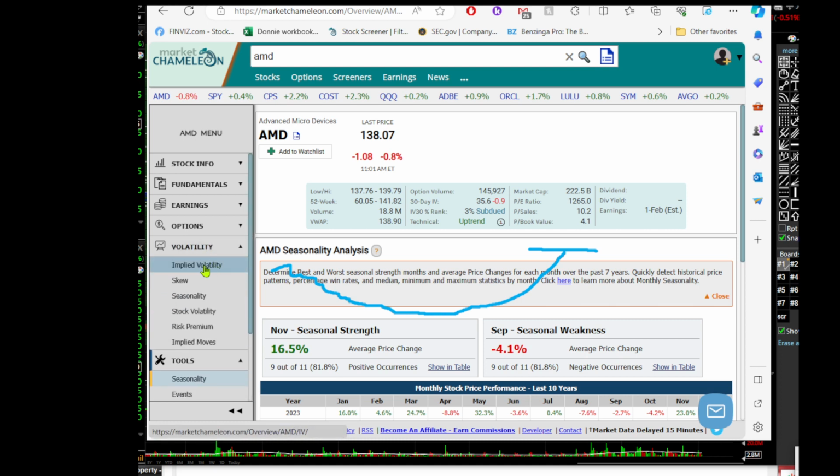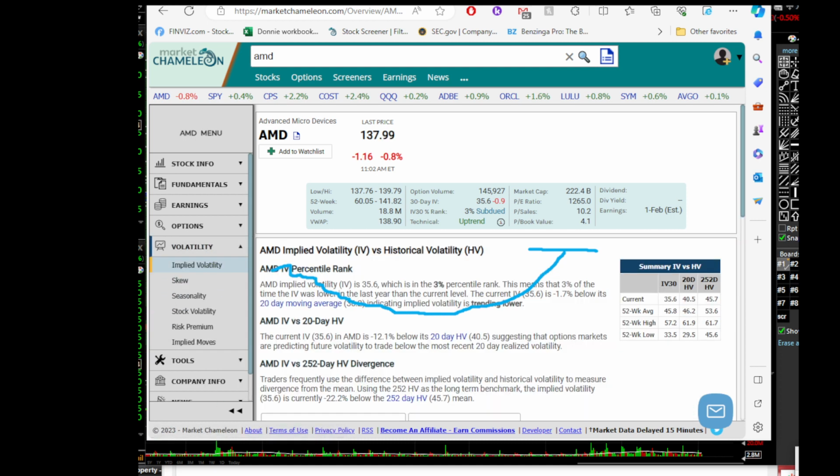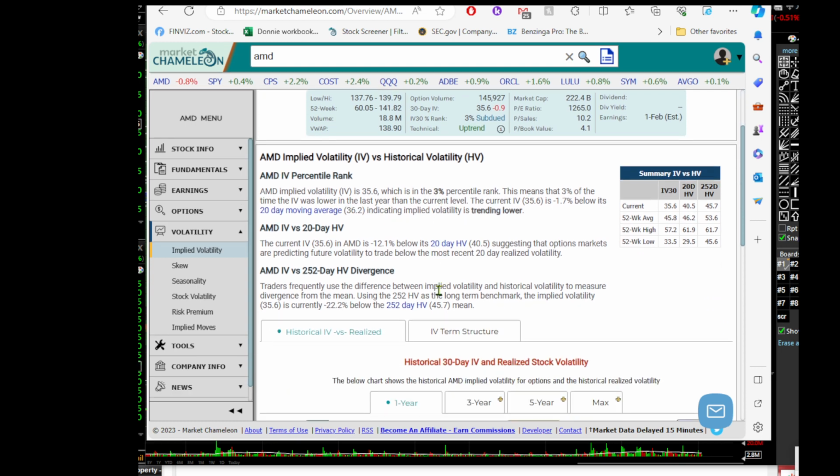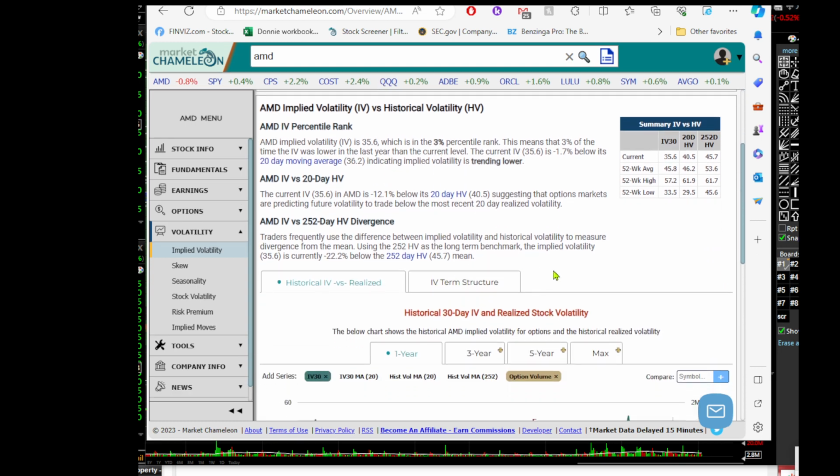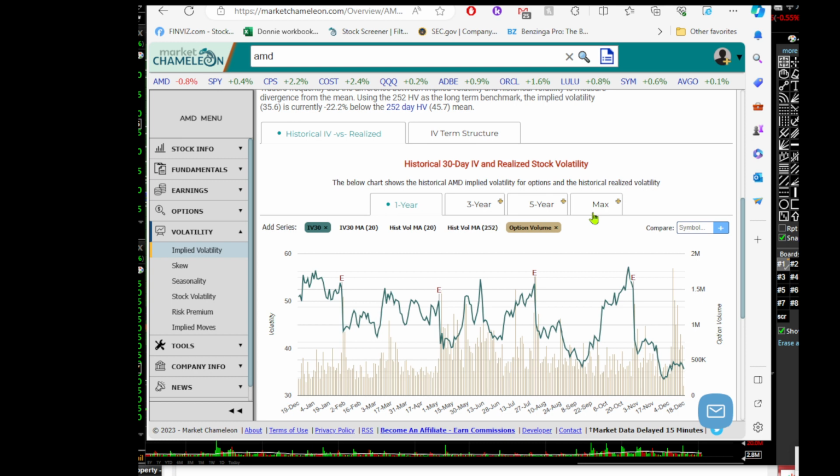When you're expecting huge moves in the underlying asset, then the sellers start pricing in higher pricing for the option. So do you guys see all of these E's right here? What happened right after these E's? These E's are earnings. Like, what happened to the volatility?